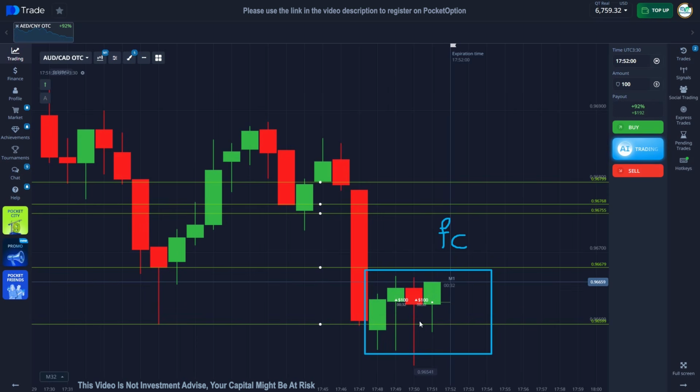The pattern is formed on the level. The first candle is green, the second candle is green, the third is red. That's why I entered 2 higher trades on the 4th candle to compensate for the previous position.